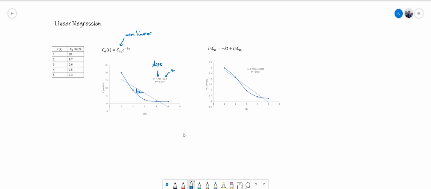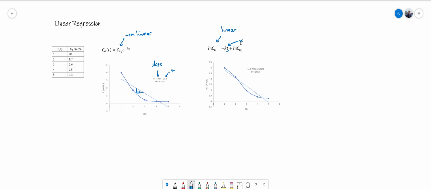What I've also given you in this next graph is the linear form of this. So if I take this equation and plot a linear form of it, t is still our x value.